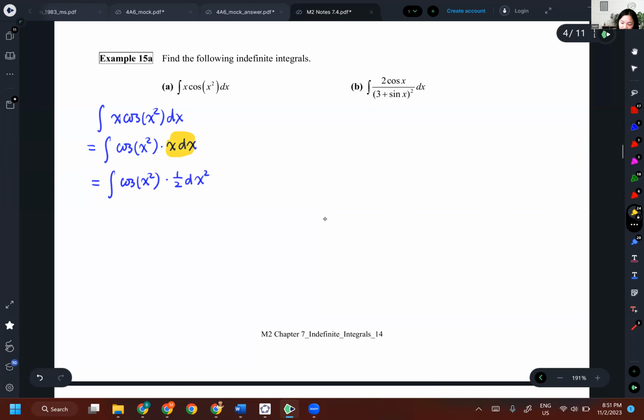Again, this is the difficult part. Think about if that's the case. If you need rough work, that's fine. We're going to do the rough work again. d(x squared) over dx equals 2x. Therefore, d(x squared) equals 2x dx. Therefore, 1 over 2 d(x squared) equals x dx.